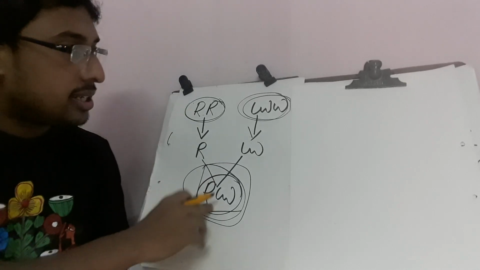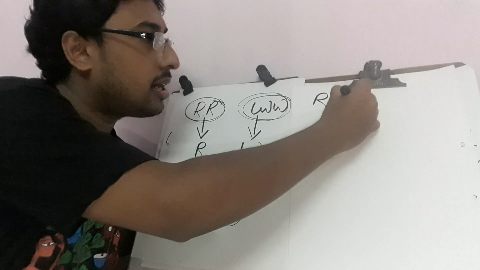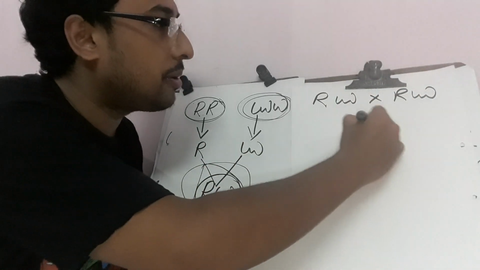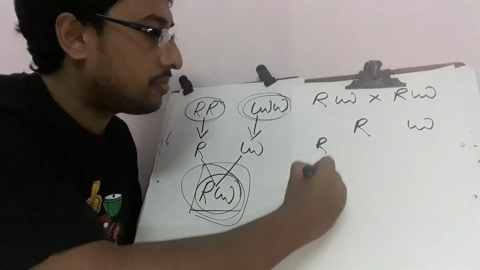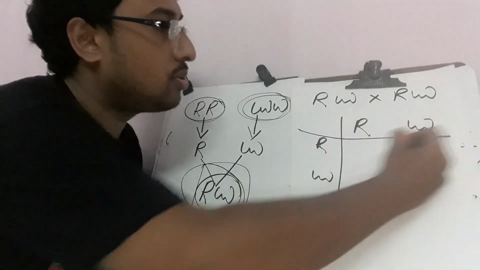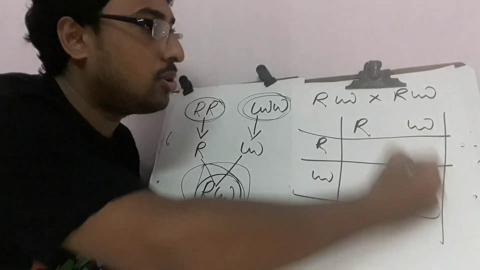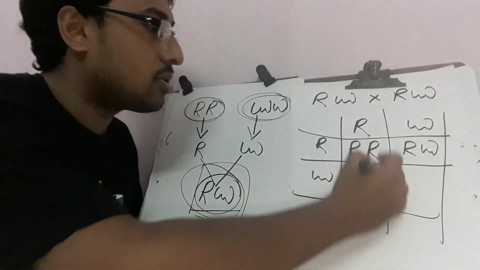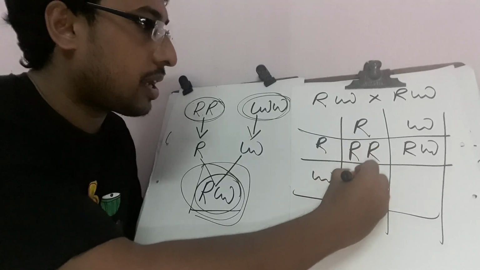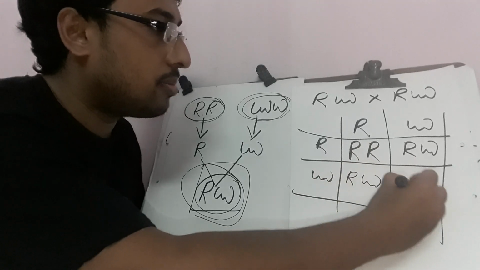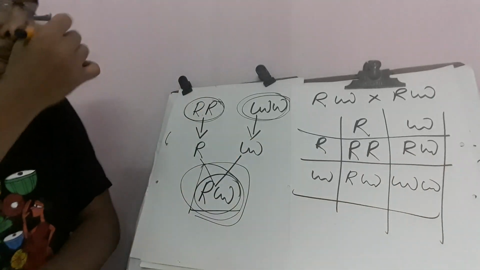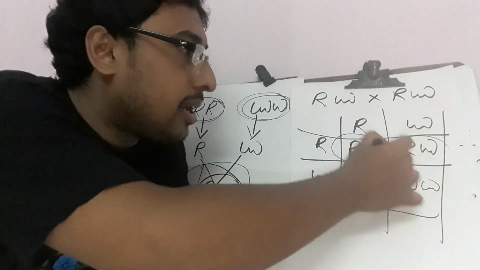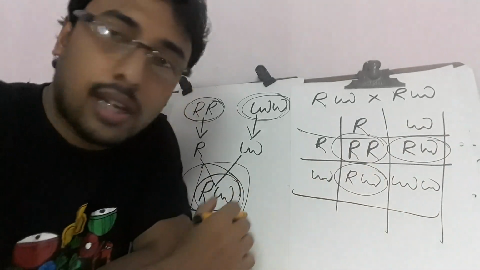And from here, capital R, capital W crossed with capital R, capital W. So there will be the product. If you do the checkerboard, there will be capital R capital R, capital R capital W, similarly capital R capital W, capital W capital W. So look at the structure here: capital R capital R is a red flower, capital R capital W. Which kind of flower are these?